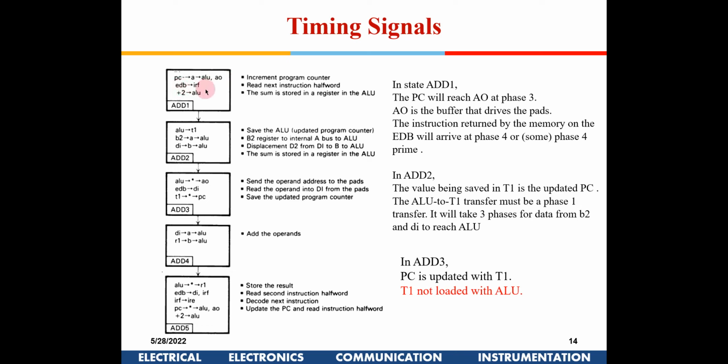Because there are only 4 clock cycles, the address bus will be updated only in the 3rd clock cycle. So immediately once the address is placed, the data should be available on the EDB, the external data bus, so that the IR can be loaded with phase 4, or the next clock cycle, clock 1.